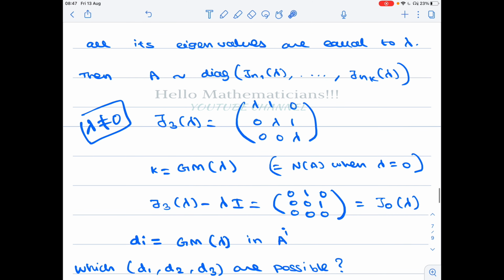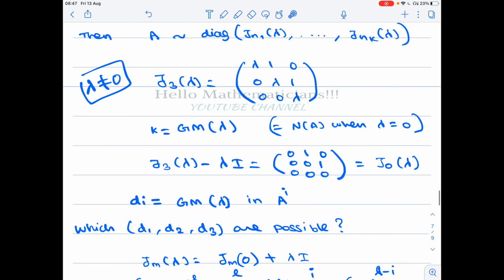So this is one Jordan block. We look at J3 of lambda minus lambda I. What happens? All the diagonal lambda will get subtracted. We get this matrix, and there is a notation confusion. This is J3 of 0, the 3 by 3 Jordan block corresponding to the eigenvalue 0.